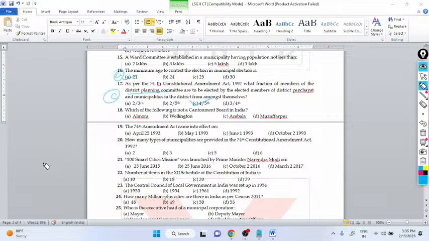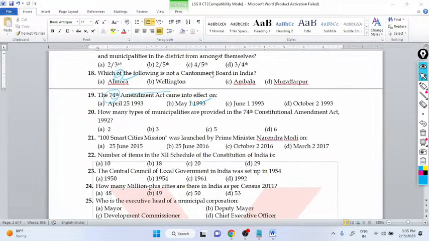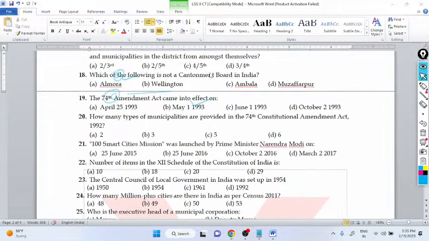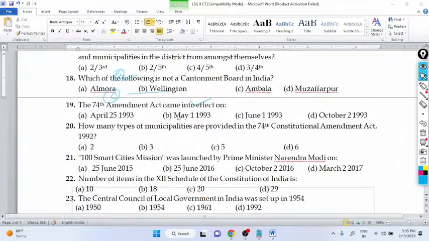Question number 18. Which of the following is not a cantonment board in India?